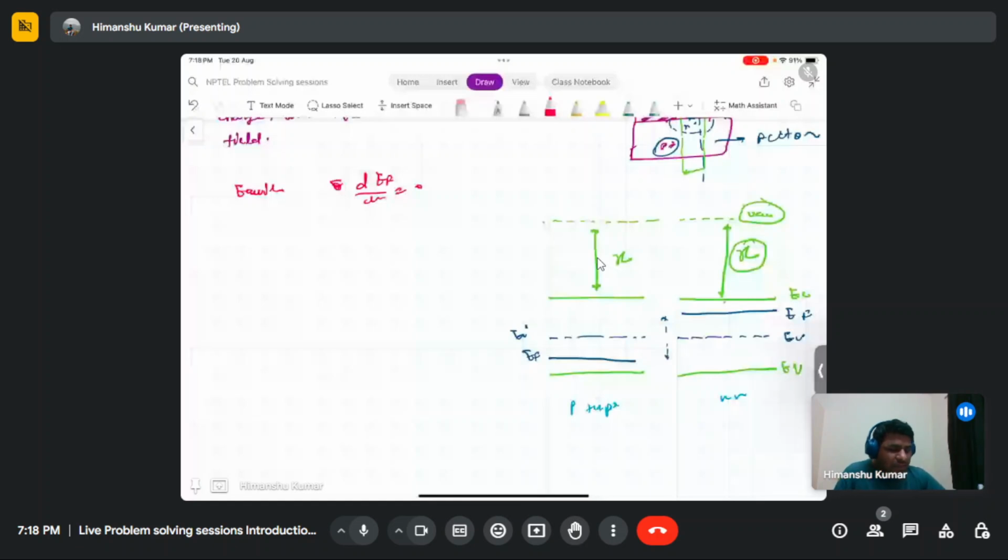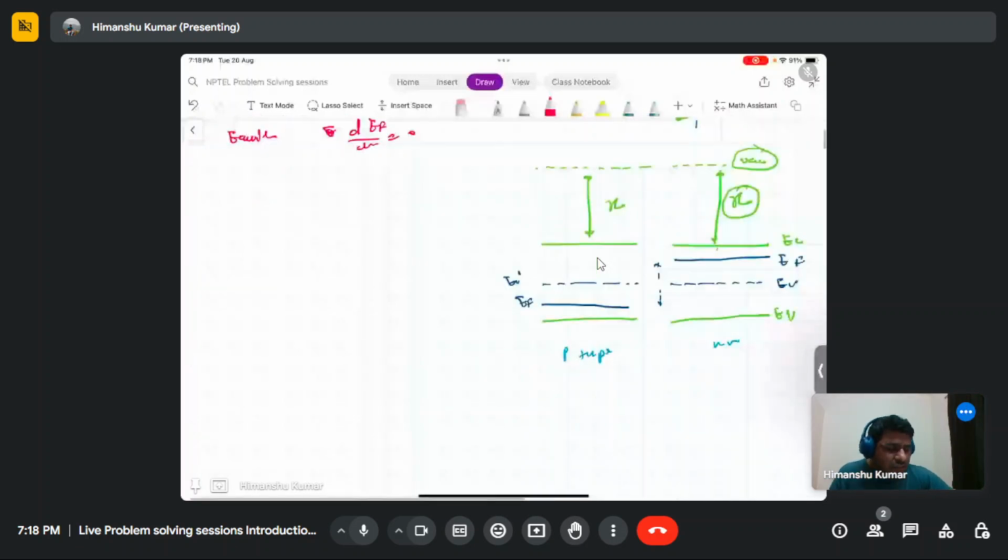One side has an excess of electrons, the other side has an excess of holes.